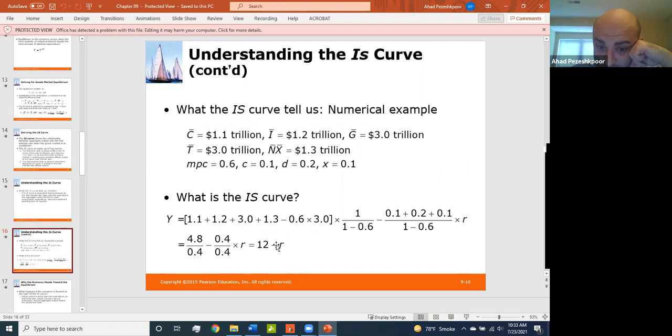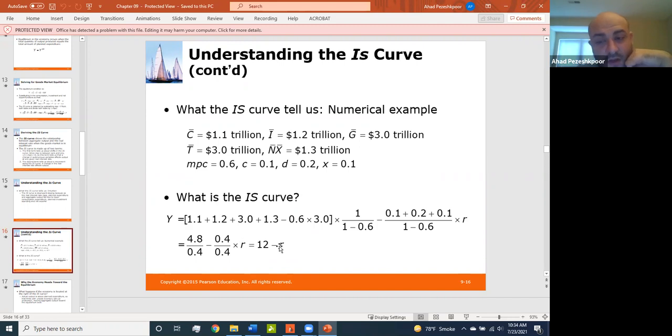The second part, the negative, is -1. It's the slope of the function, which shows you how responsive your output is to real interest rate.